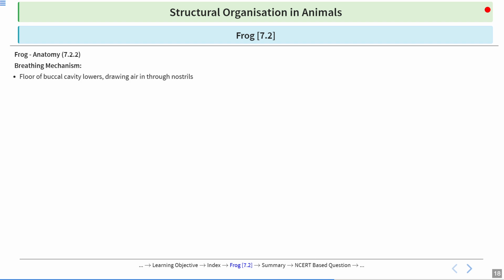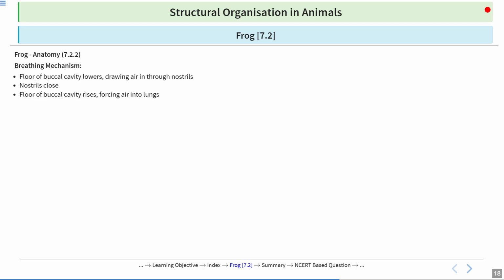Breathing mechanism. The floor of the buccal cavity is lowered, drawing air through the nostril. When the buccal cavity is lowered, at that time the nostril is open and the air comes from the nostril to the mouth. And when the nostril closes, what happens?